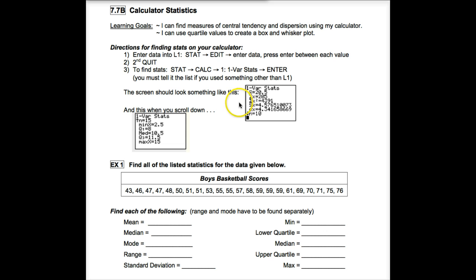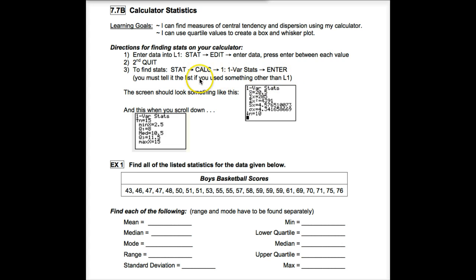Then press enter. Before you see any of this, if you have the older calculator, you have to tell it the list if you're using something other than list 1. The newer calculators will prompt you to do that, but the old ones will not.